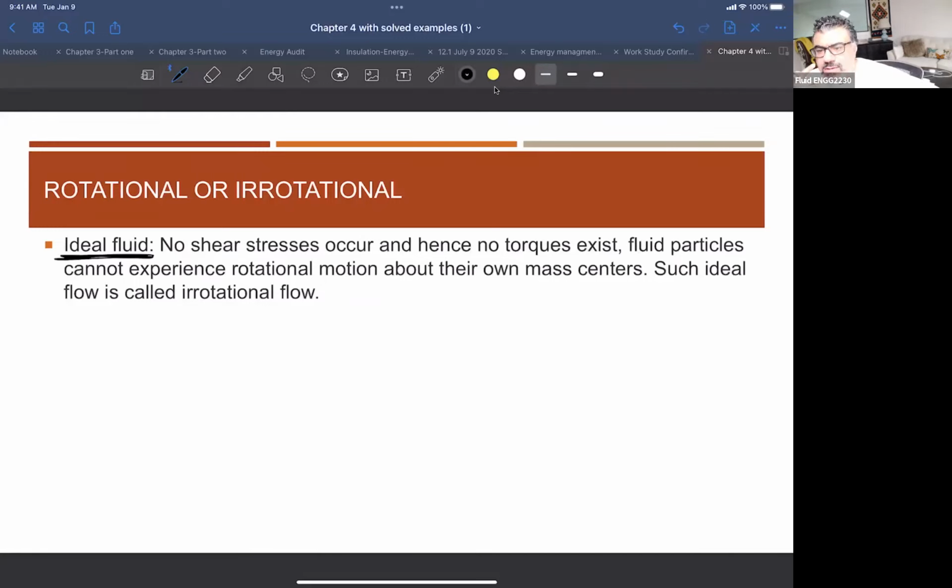Okay, viscosity is zero, right? So ideal never exists, ideal is not something available. Static is something real. Can fluid be static in real life? Yes. A tank filled with liquid is real, and it doesn't have any shear stresses. But for ideal fluids, the fluid is moving, but I'm assuming it is moving under an ideal condition. That means I'm assuming that the viscosity is zero.